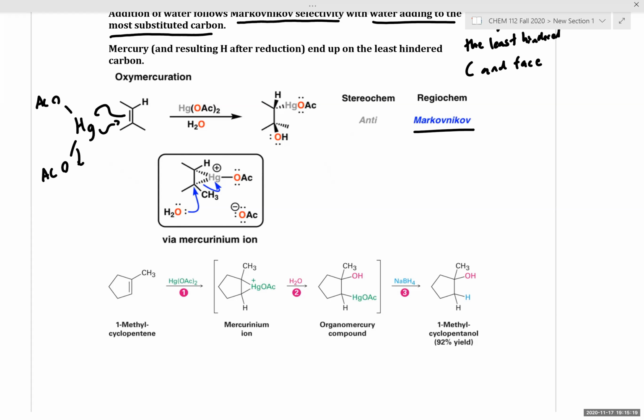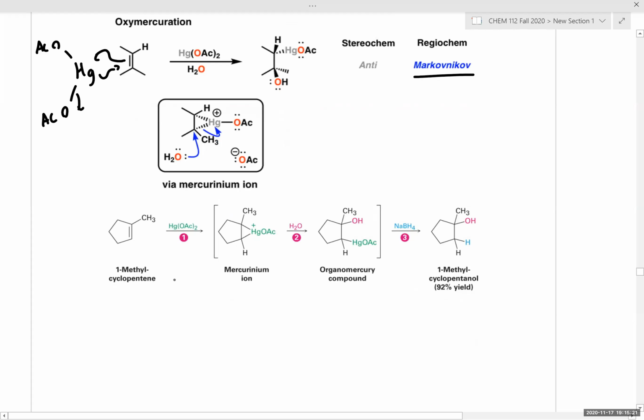So first we end up with generation of our mercurinium ion by coordination onto our alkene. Then water attacks, and water is going to attack at the most hindered carbon anti to our mercurinium ion to yield Markovnikov regioselectivity and anti-stereoselectivity.